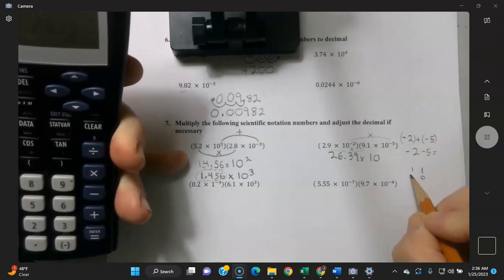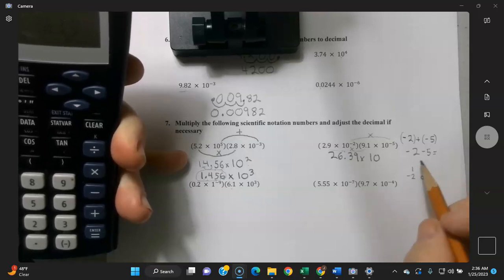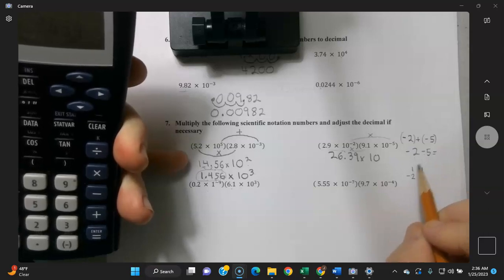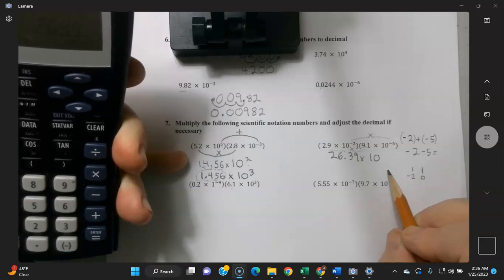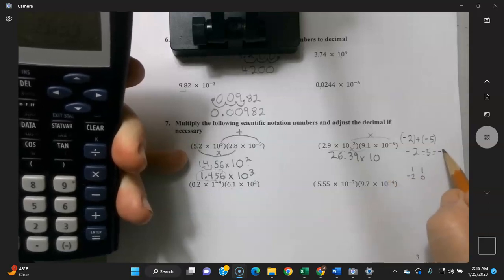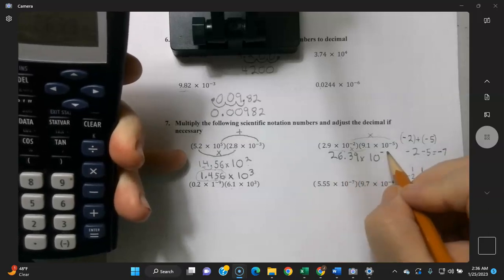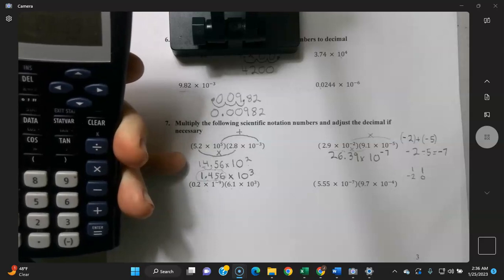Negative 2 is over here somewhere. So you're starting at negative 2 and you're going in the negative direction 5 more places. So negative 2, negative 3, negative 4, negative 5, negative 6, negative 7. So that's going to equal negative 7. Okay, so it's 10 to the negative 7. Okay, so be careful with subtracting and adding negative numbers.